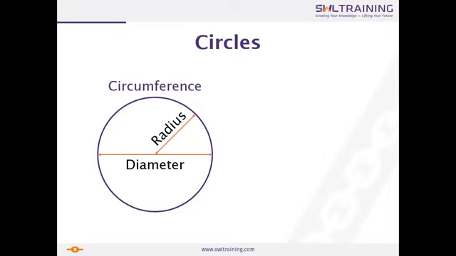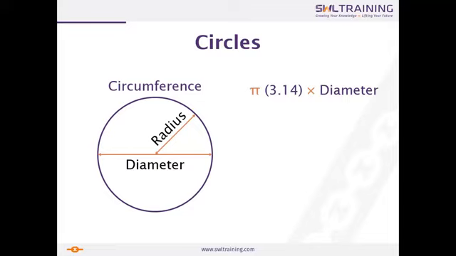To calculate the circumference of a circle, we first need to know the diameter. What we do then is we multiply the diameter by pi. And as we mentioned earlier, pi is an irrational number, meaning it has unlimited decimal places, but we're just going to stick to 2, which is of sufficient accuracy for what we are doing.